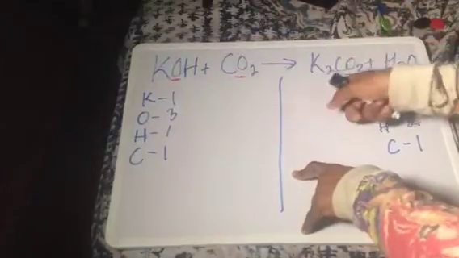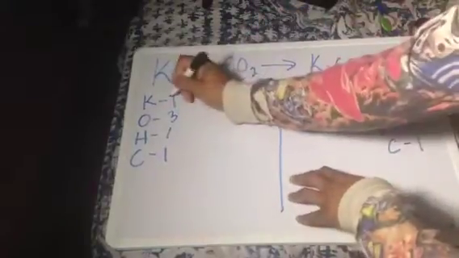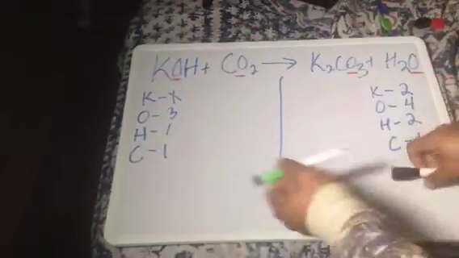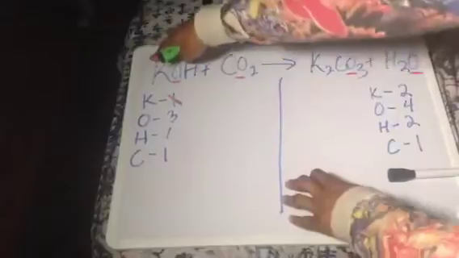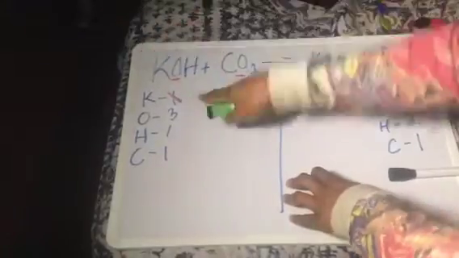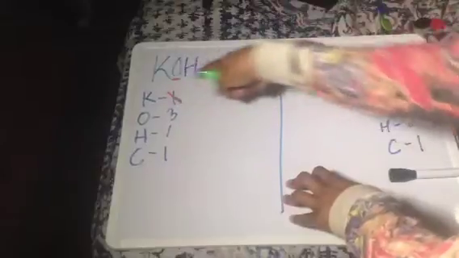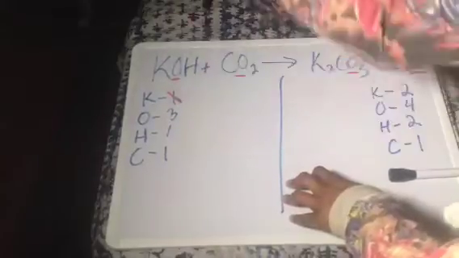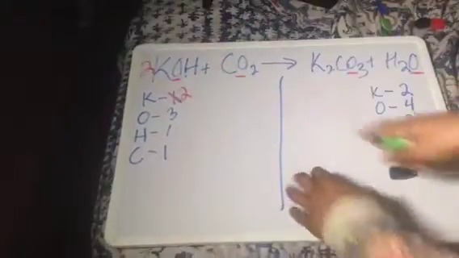Seems to be kind of like our loner. So we have 2 here. Let's just see what'll happen if we go ahead and balance our potassium on this side to get 2 over here. We have a coefficient of 1 here as it's understood. So let's go ahead and multiply this potassium hydroxide compound by 2, which will give us a check and balance for our potassium. And let's see what happens.